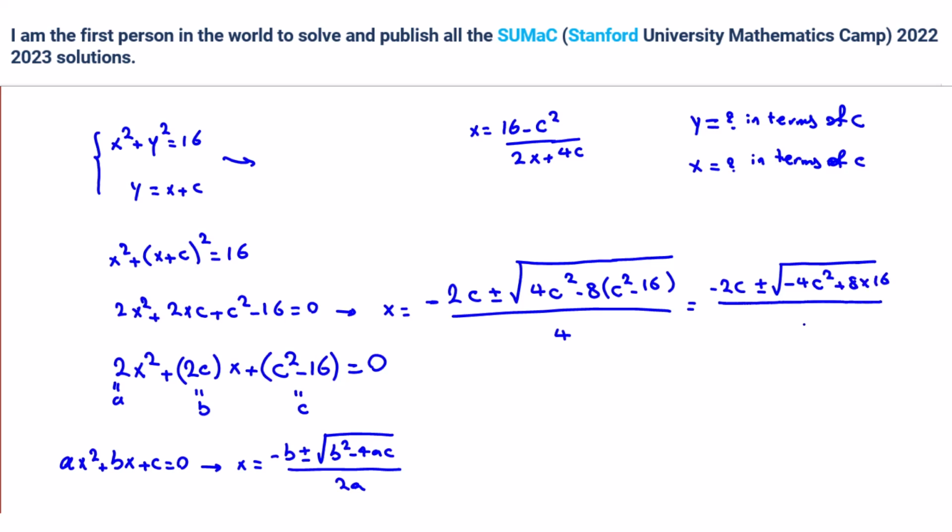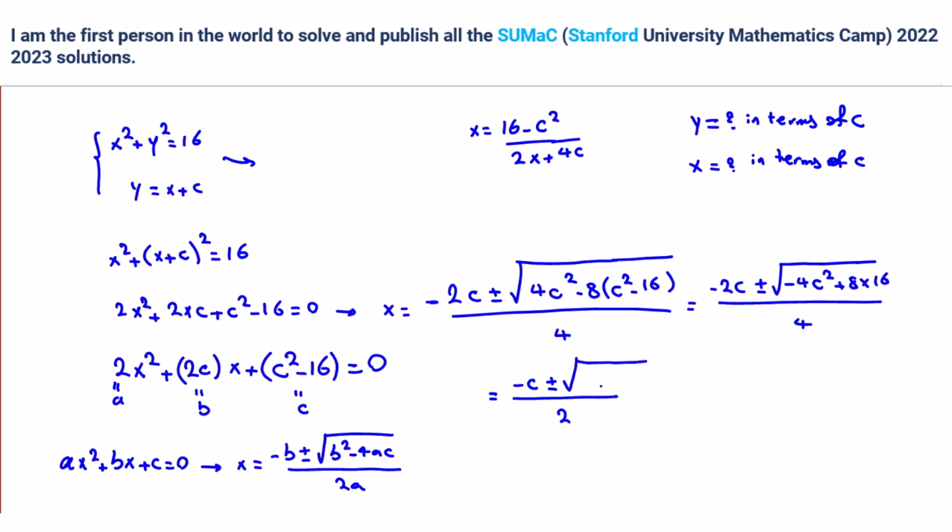Divided by 4. Minus 8c squared plus 4c squared is minus 4c squared. Then we divide both numerator and denominator by 2.